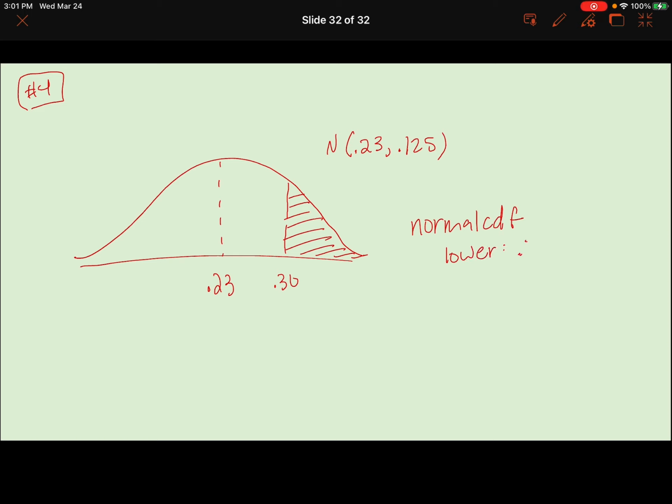So my lower is 0.3, upper, random huge number, mean 0.23, standard deviation is 0.125. So grab your calculator if you haven't yet. Normal CDF, gonna plug all this stuff in. And I'm getting a probability of 28.78 or 0.77%.